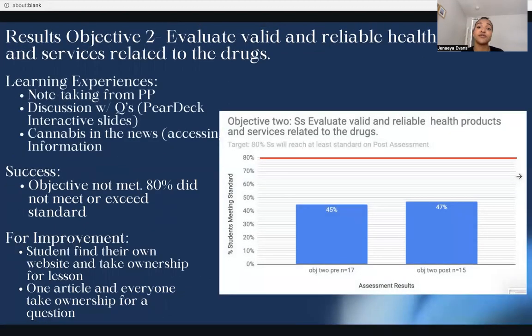Objective 2 was to have students evaluate valid and reliable health products and services related to all 3 of the drugs that we talked about. So in this lesson, again, note-taking from the PowerPoint, discussion questions with my effective questioning on Pear Deck slides, which again worked very well, but the way I did it was I would pose the question and then just read out the responses.